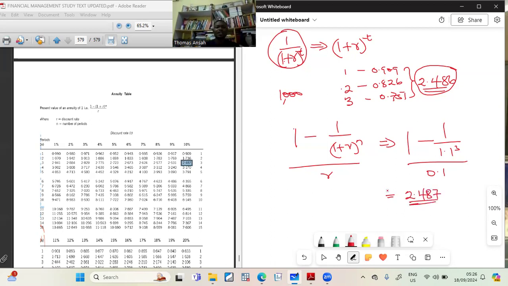So whichever way you do it, you can find your formula.